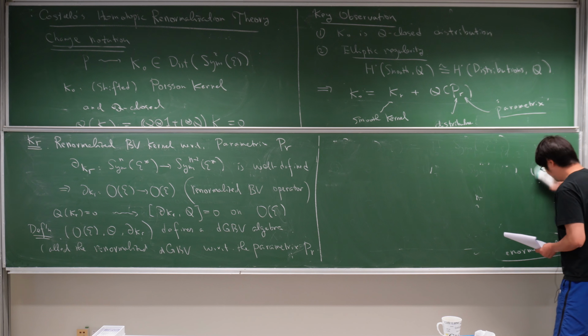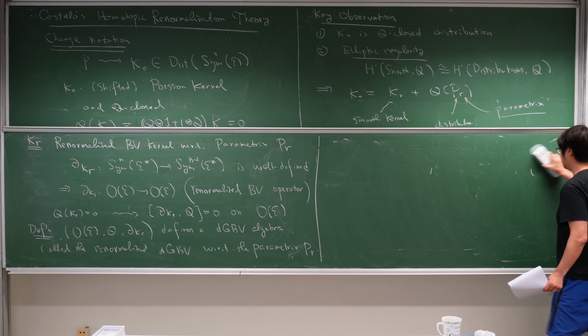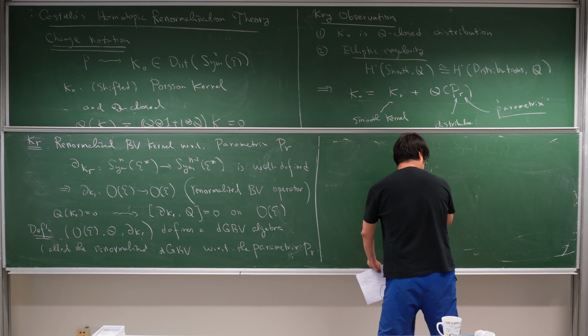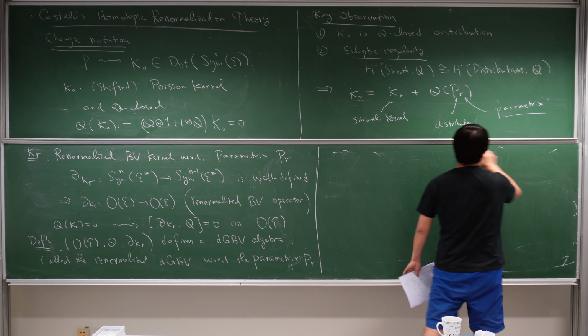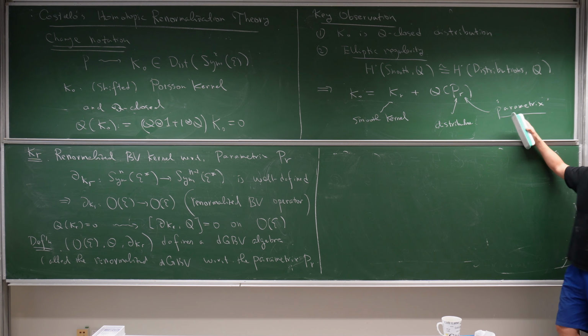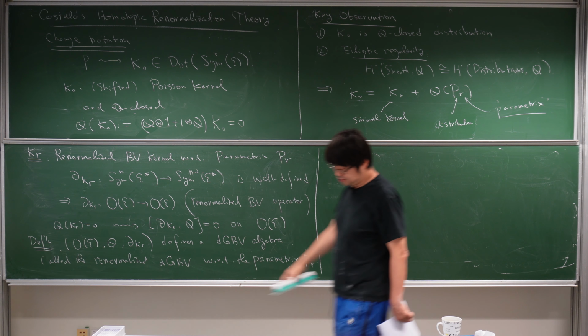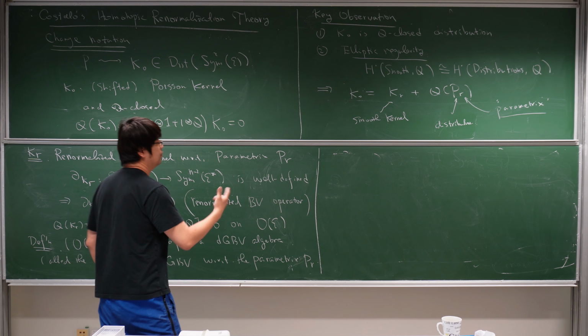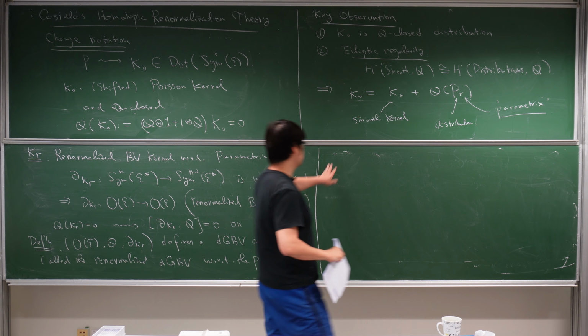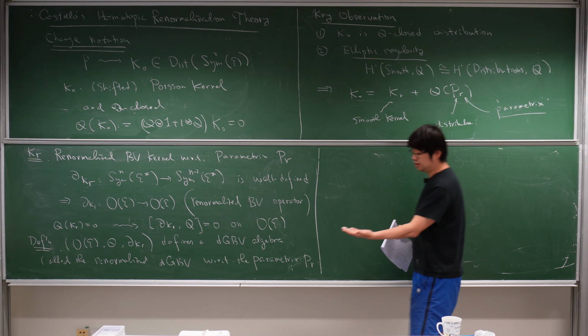Okay, but now you might wonder, first of all, this parametrix is not unique. There are many different choices of parametrix, and for each parametrix you obtain such an object.